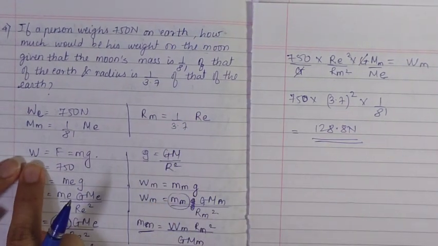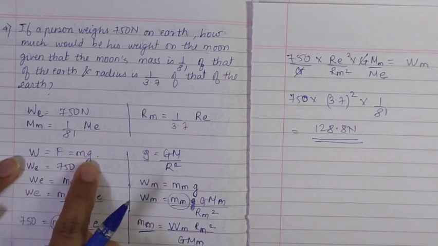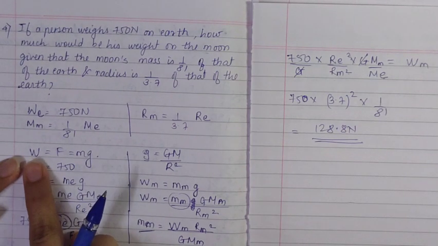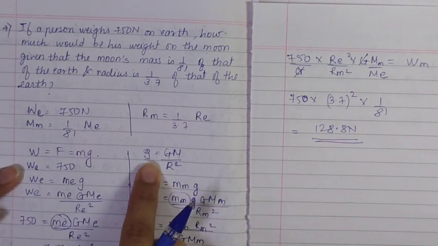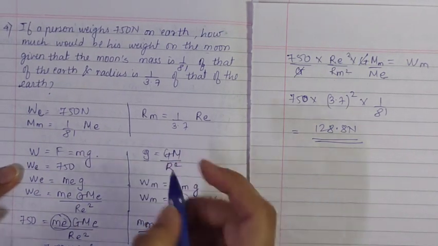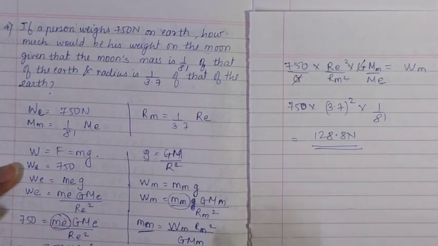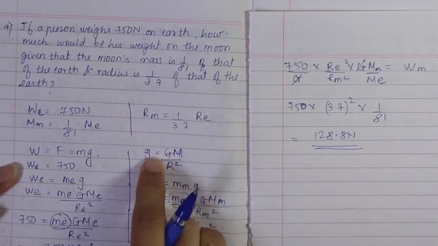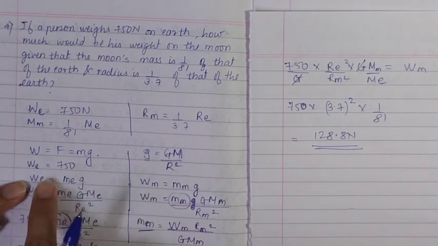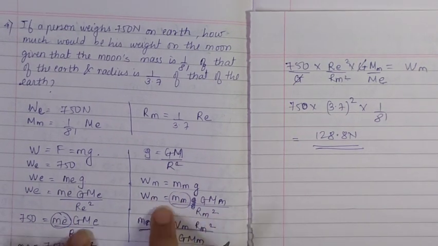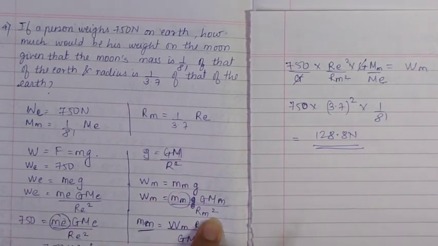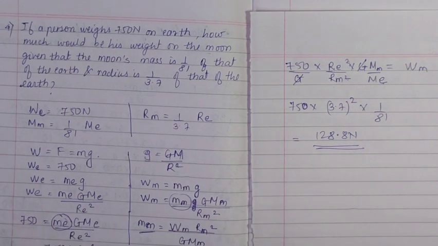Then what have we done is we'll equate. We have a formula that says W is equal to F is equal to mg, and then we also have a formula g is equal to GM upon R square. So I substitute this g for We and Wm as well. Then I put both the formulas in terms of Mm and Me.